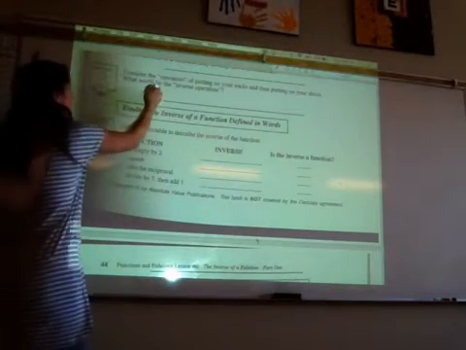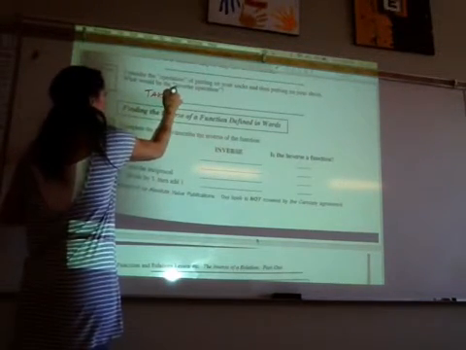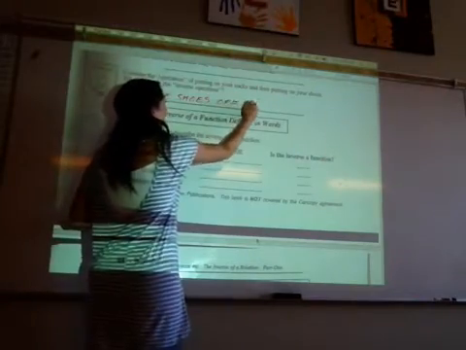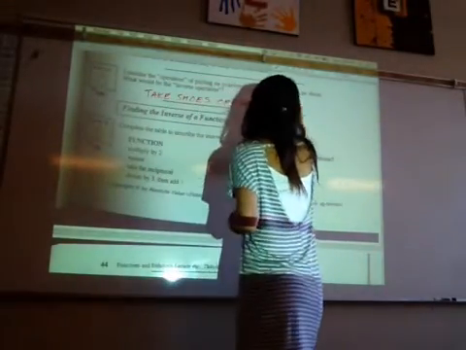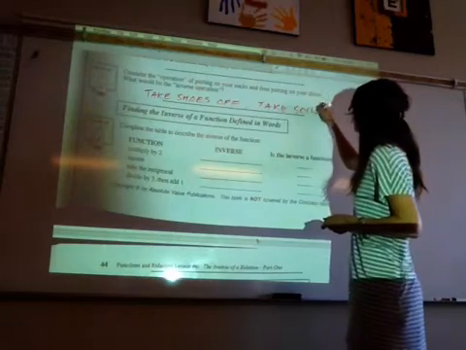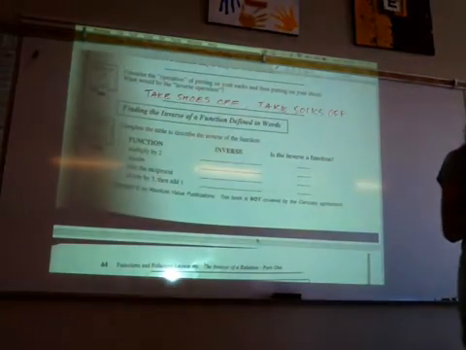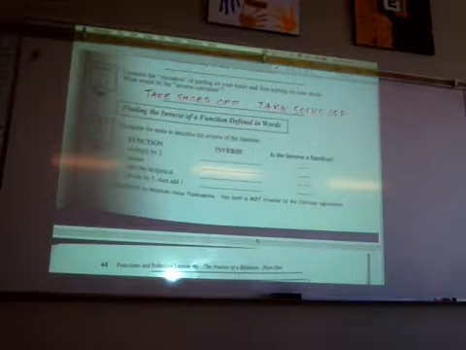Good. We take our shoes off first, and then we take our socks off. Would it make sense to take your socks off before you took your shoes off? Probably not. Depends what kind of footwear you have, I suppose.